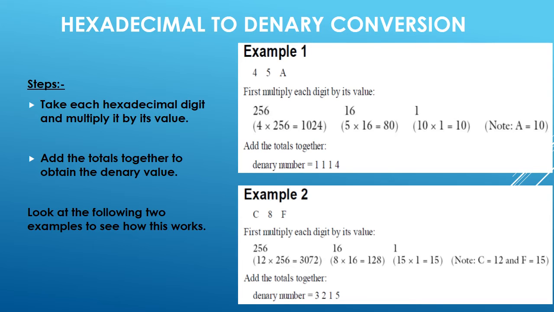Then the next digit 8 will be multiplied with 16, which is the hexadecimal notation, and then the last number F is multiplied with 1, which is the hexadecimal notation. Add the totals together, and this is how we get the equivalent denary number.